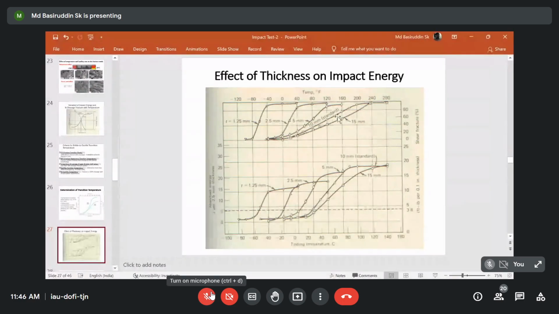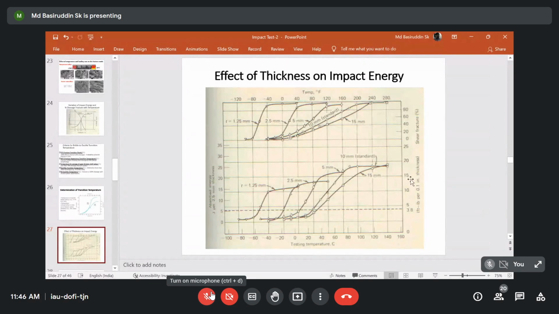So please follow this particular curve very carefully. Here I have plotted two graphs. One graph is based on the energy absorption capacity, and the other, sorry, shear fracture, meaning the percentage of fracture, whether it is ductile or brittle. So that is why you will find that the curve's upper and lower positions are fixed.